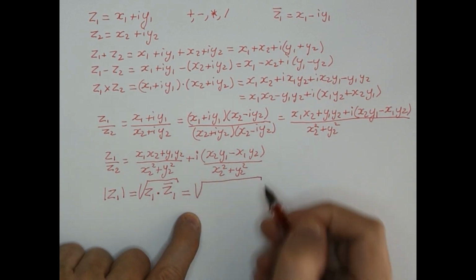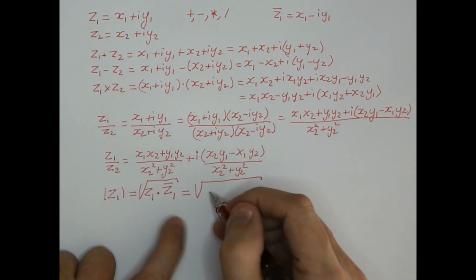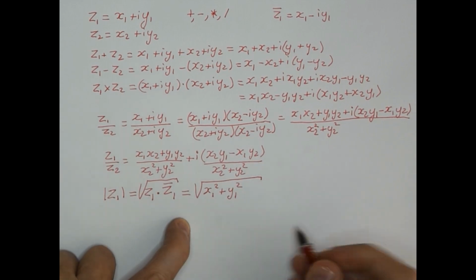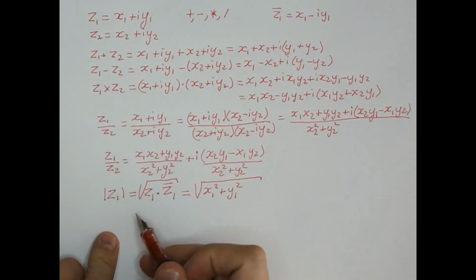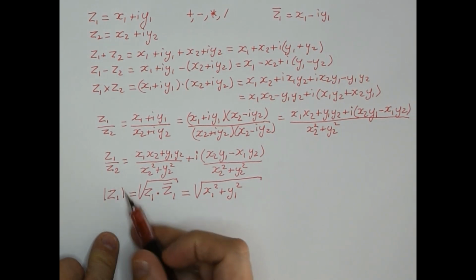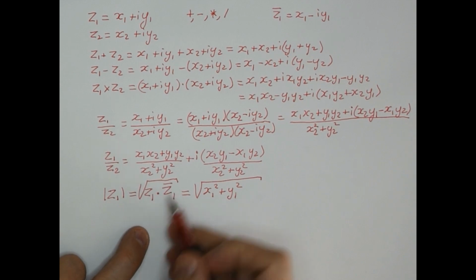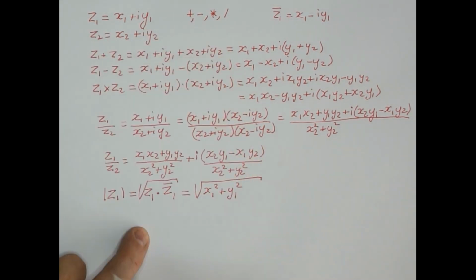That's the square root of z1 times its complex conjugate, which is essentially x1 squared plus y1 squared. So if you want to calculate the length of z1, you multiply z1 by its complex conjugate and you take the square root. And that's how you get the length of z1.